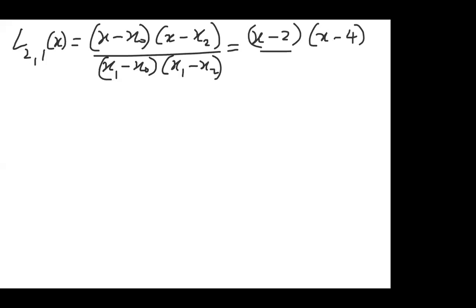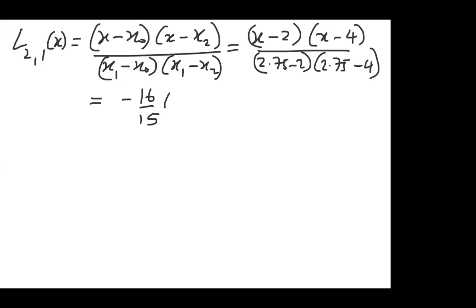Then I'll divide this by x1 is 2.75, so I have 2.75 minus 2 times 2.75 minus 4. We can simplify that, and you should be able to verify that this will just give you minus 16 over 15 times x minus 2 times x minus 4. So if you want again here, you can expand. You're able to see that this will just give you a polynomial of degree 2.